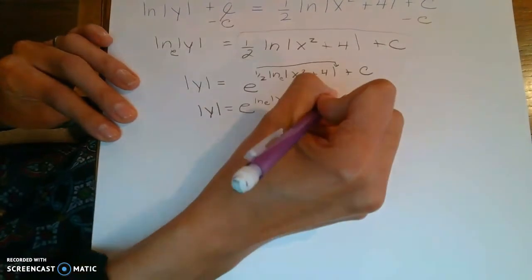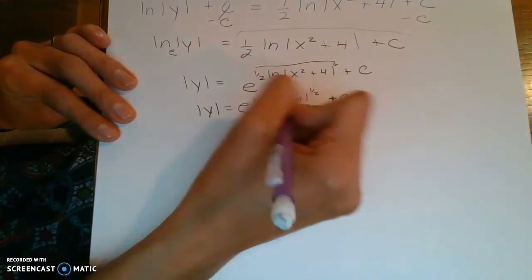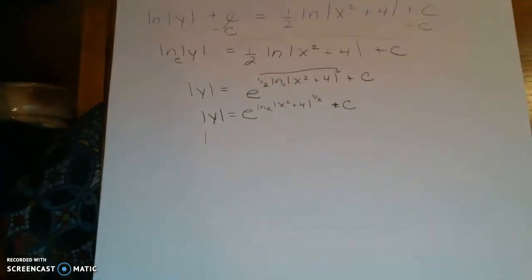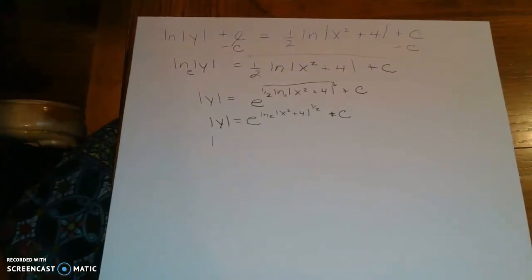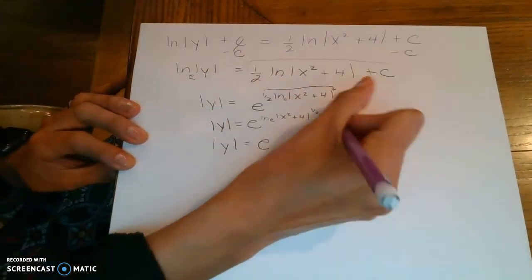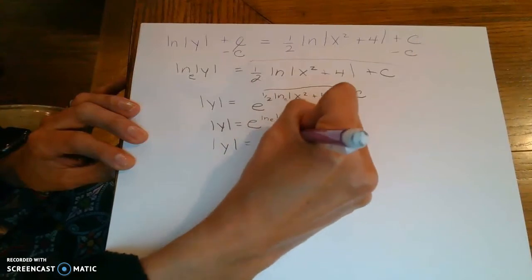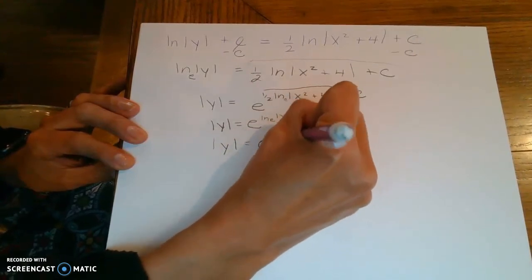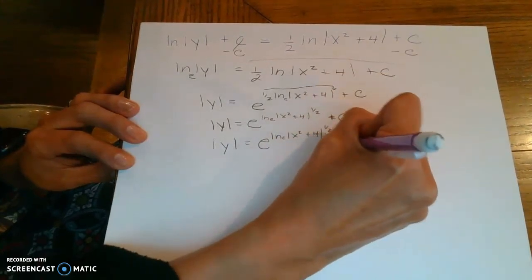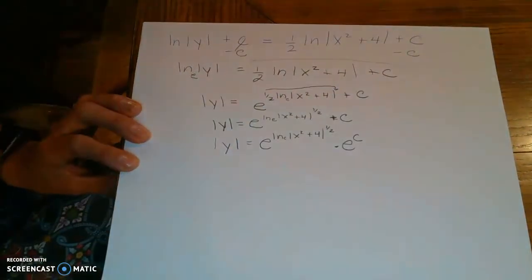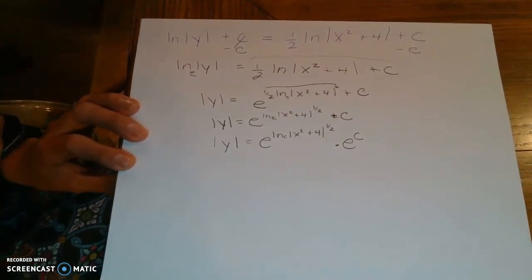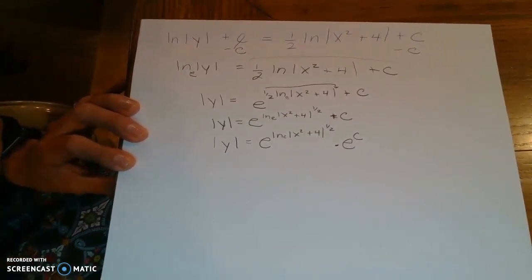And then here, whenever I have an exponent that's been added, what really has happened is that we multiplied. So this is the same thing as e to the ln of x squared plus 4 to the 1/2 times e to the c. Now, e to the c is just another constant. Think about it. 2.71 raised to some power is just a constant.